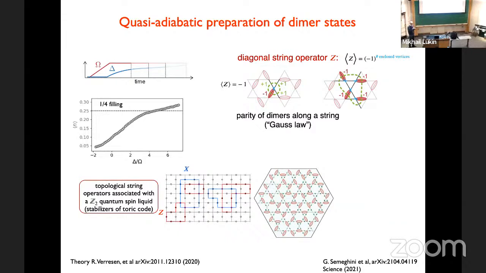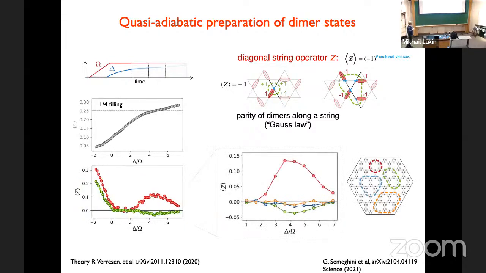And this will indicate again that you have this dimer order. In a way, the parity of dimers along the string is effectively a Gauss law in an emergent lattice gauge theory. That we can do very easily just by looking at different loops. And indeed, what we see is that depending on the loop that you look at, you see a parity signal that is non-zero and with a different sign.